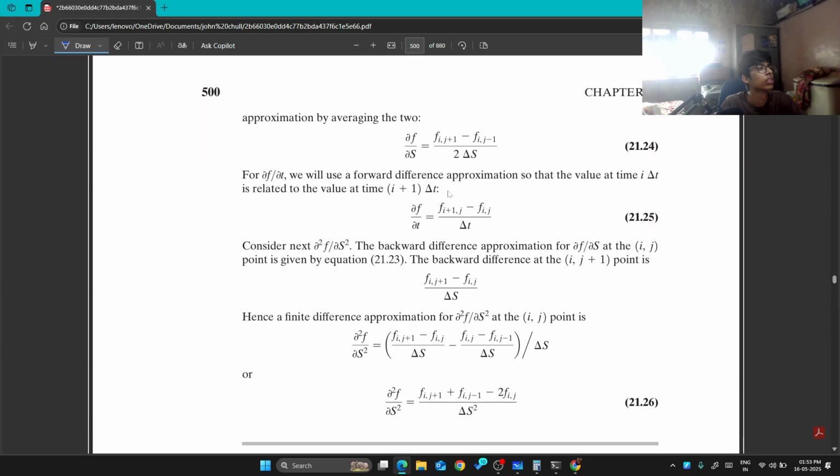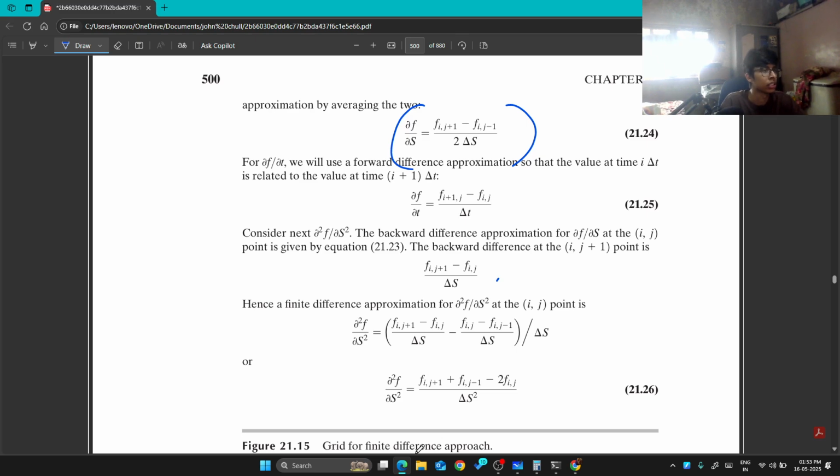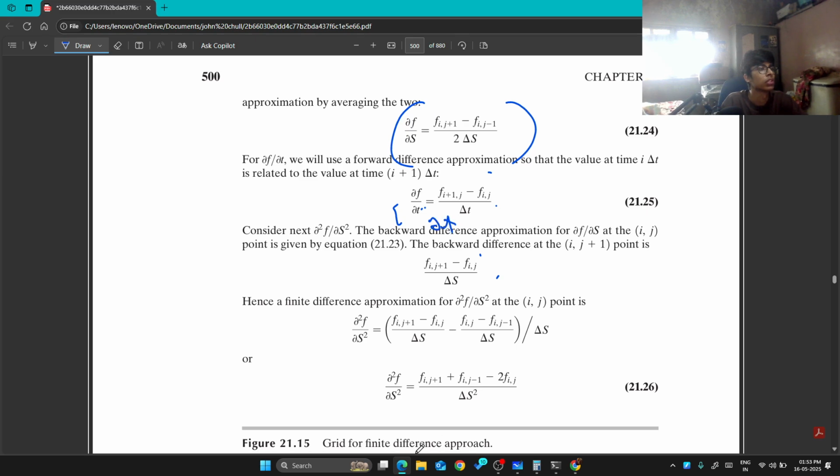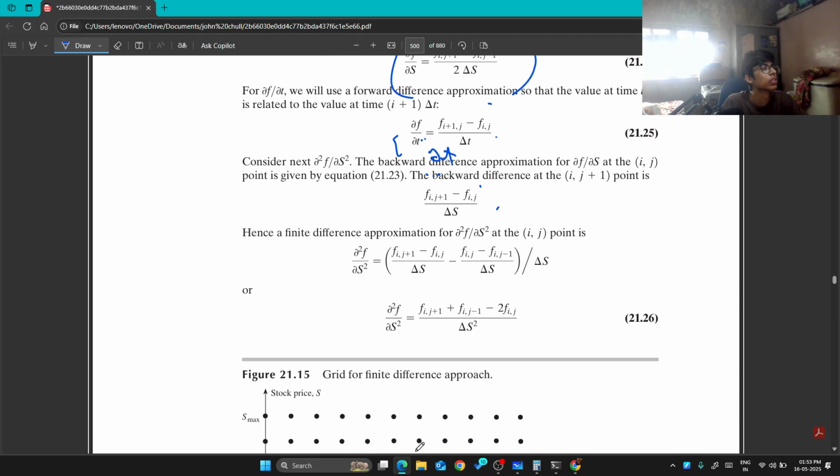And from both we got this, and it's just a formula. I don't know what to explain here. With respect to t, with respect to t, and the second order derivative, that's interesting.